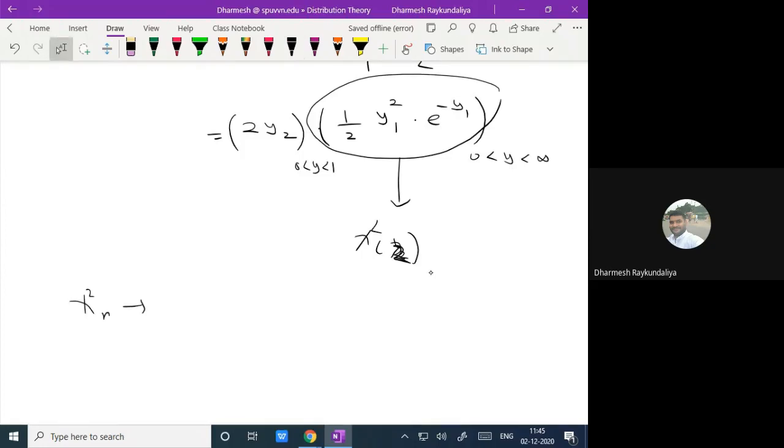Chi-square with n is nothing but 1 upon 2 raised to n by 2, y raised to n by 2 minus 1, e raised to minus y by 2, no? Forget about this.